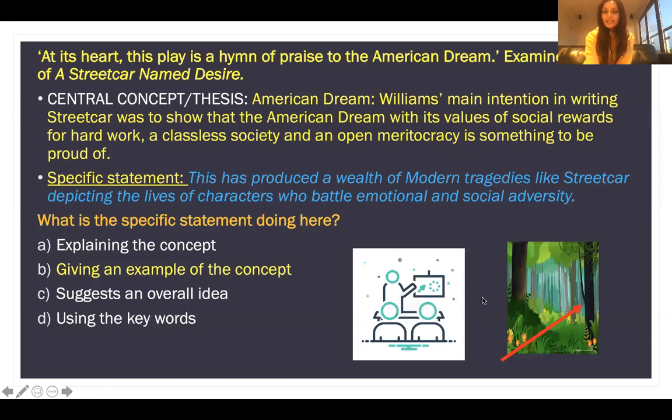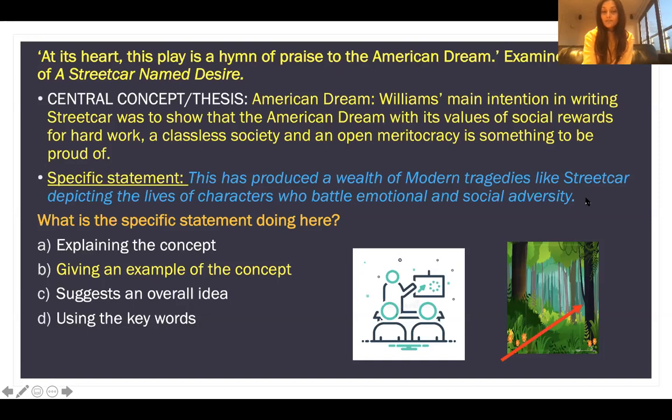You can see here is somebody giving an example in their talk. And if you remember from my previous slide, this is where once you've said what the general area is, you point to a specific example in that general area and you explain why it's relevant. You see how that sentence there is saying, generally when we talk about the failings of the American dream, which playwrights like to write about, they produce modern tragedies.